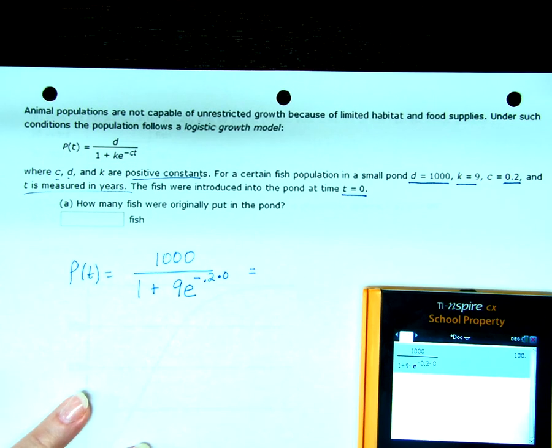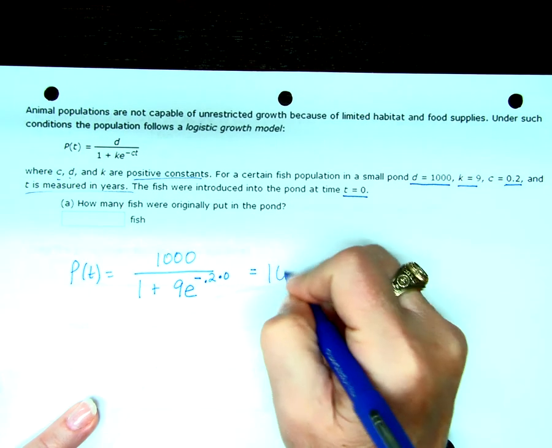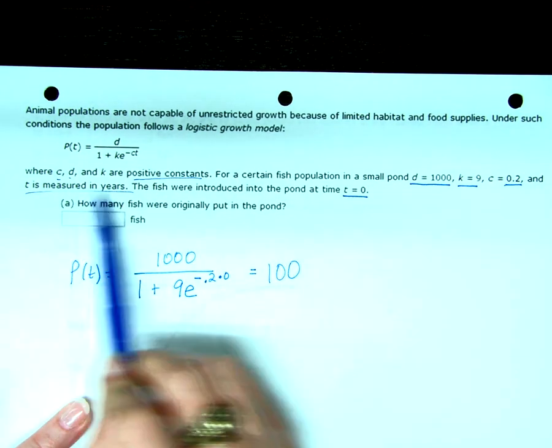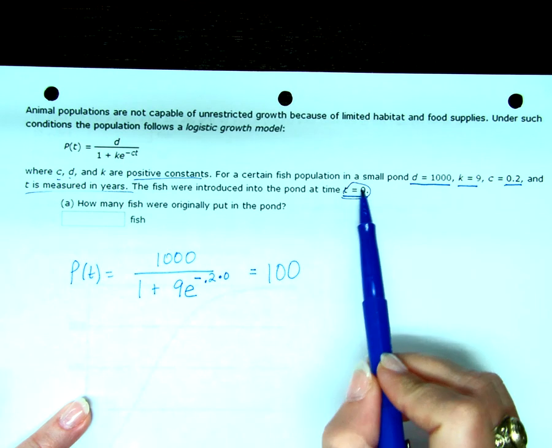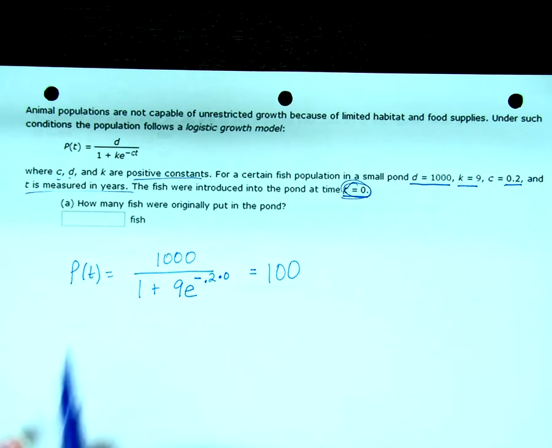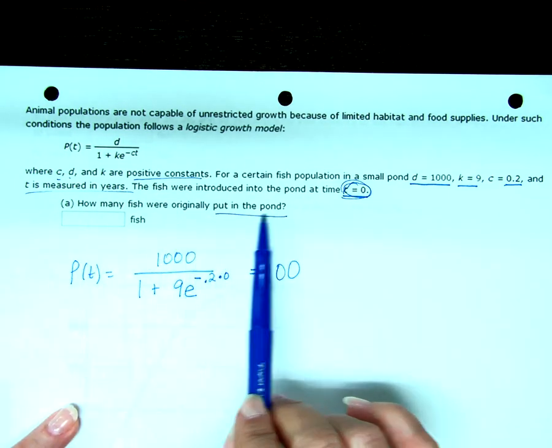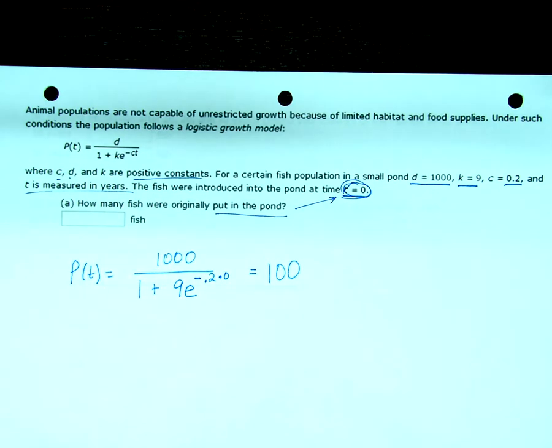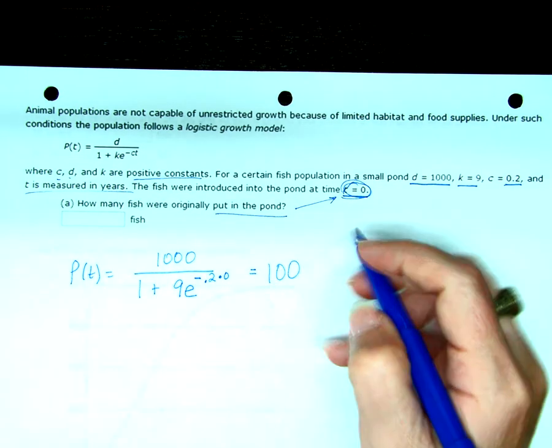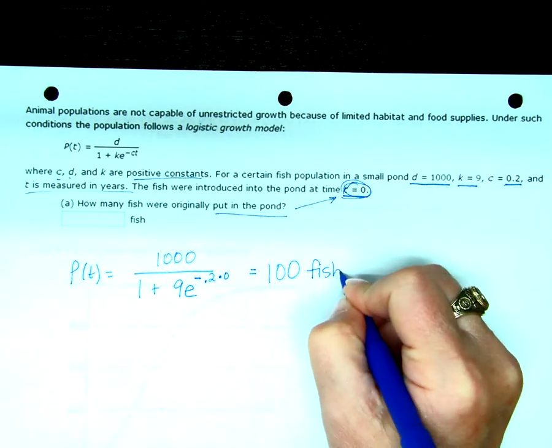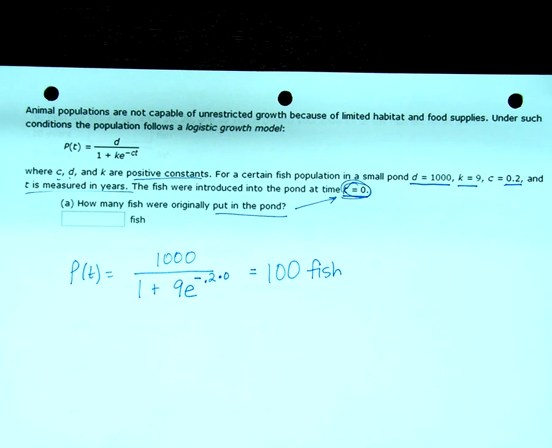And that gives us 100. So what does that mean? Well, when I introduce the time here, it says t is 0. How many fish were originally put in the pond? Well, that's when t was 0. So we know that 100 fish were originally put into the pond.